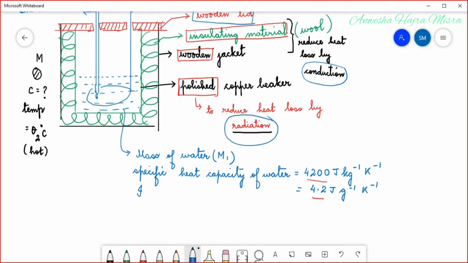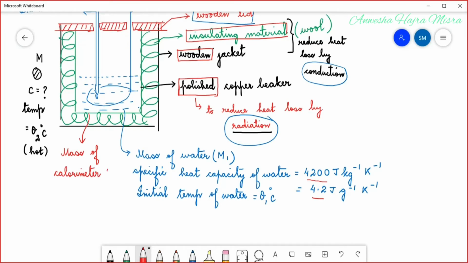Say the initial temperature of water is theta 1 degrees Celsius. Now, mass of this calorimeter is M2.